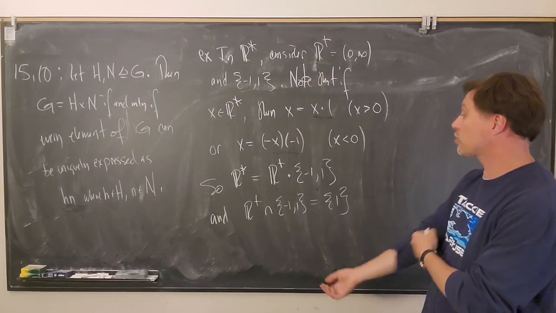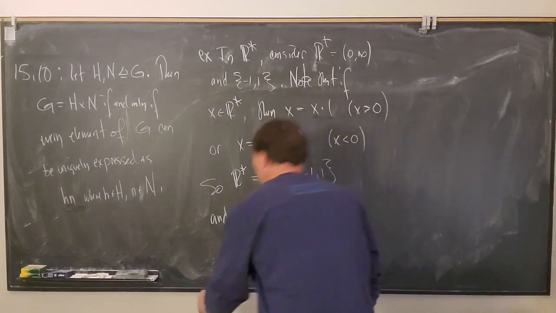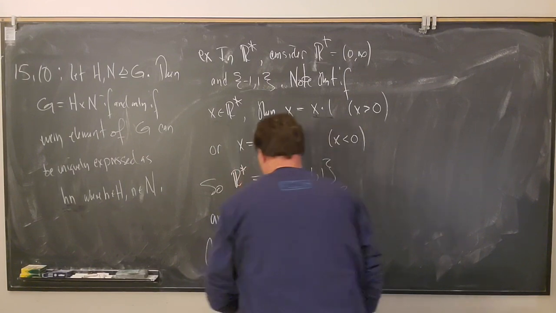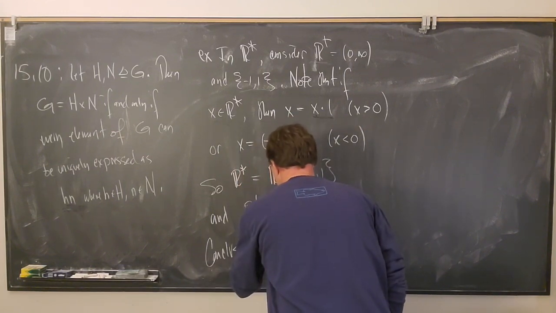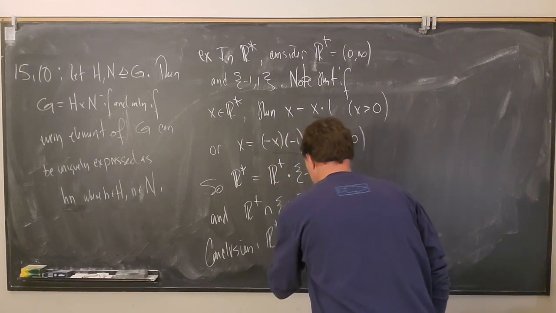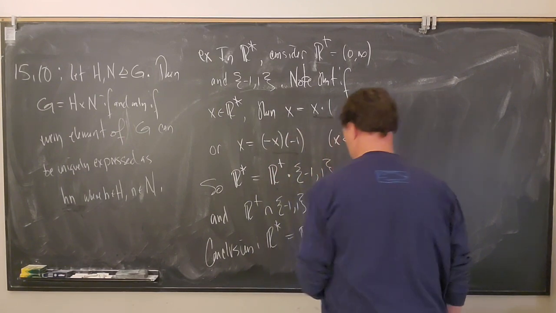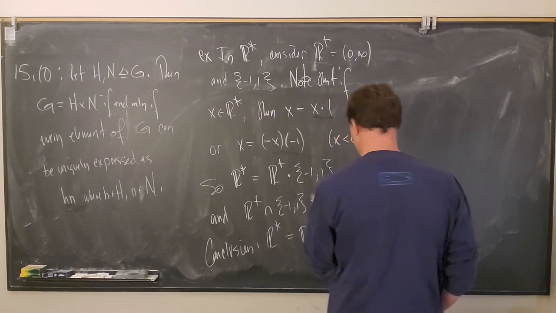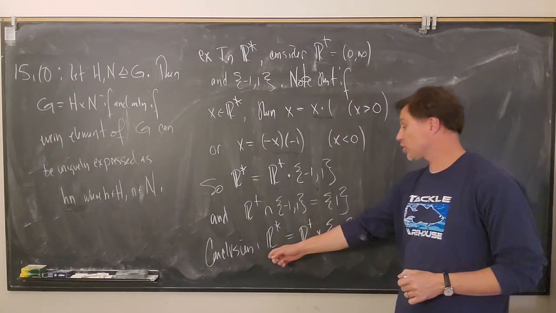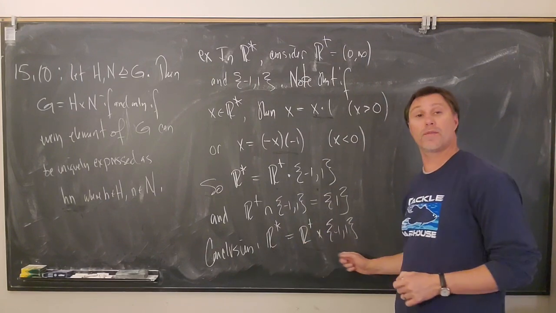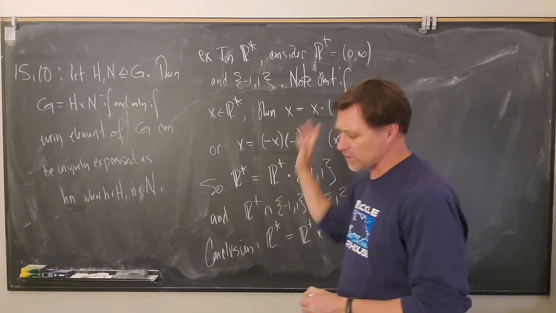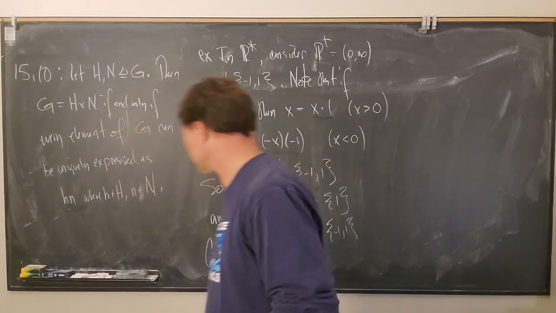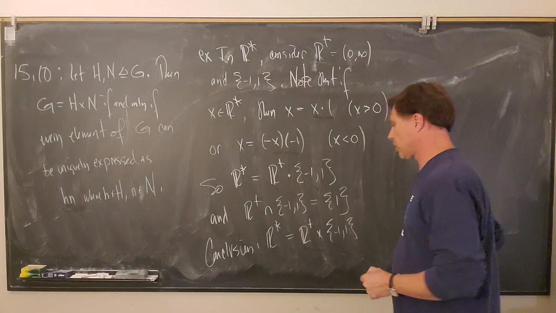So the intersection is trivial, and so what does that tell us? Conclusion: R star is equal to R plus cross -1 +1. In other words, R star is the internal direct product of these two subgroups. And of course, since R star is abelian, both of those subgroups are normal.